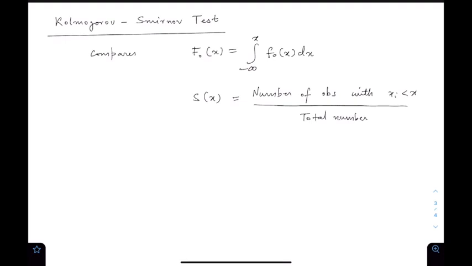The test statistic is the maximum difference between the two functions. So it's the supremum of the modulus of F(x) minus S(x).